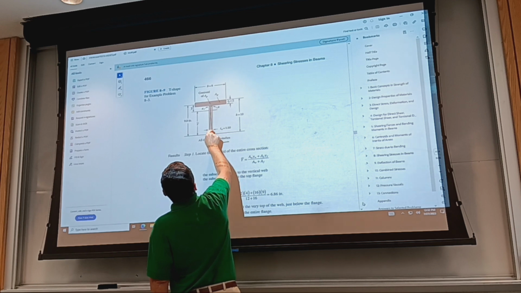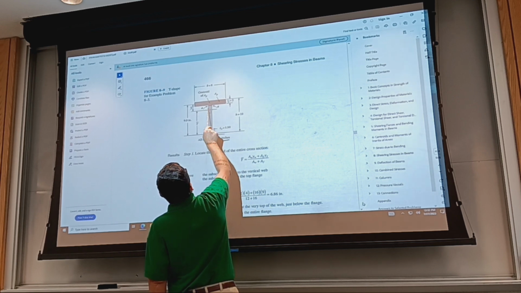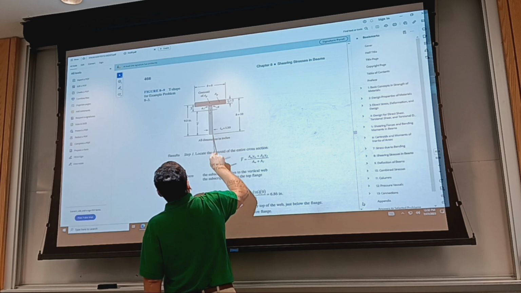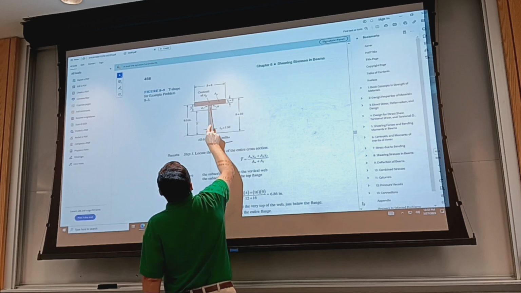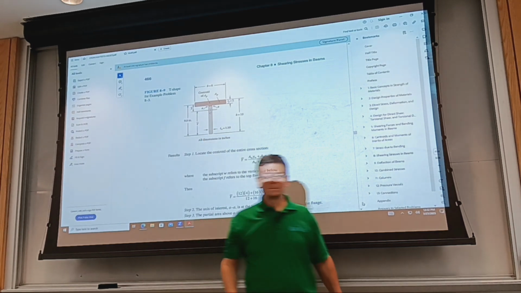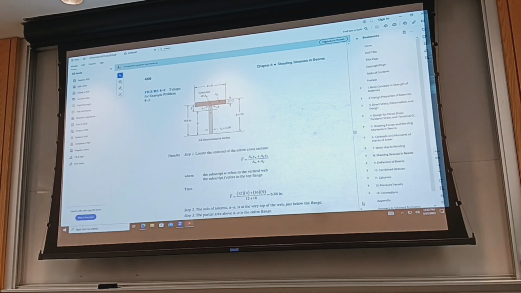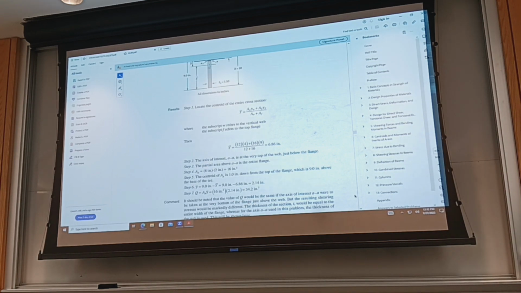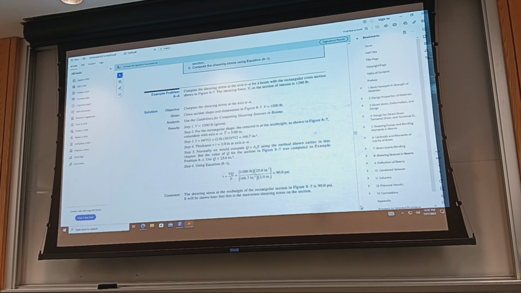So it should be here, although it's the same for this particular figure throughout the flange of the T. Okay? Is it clear? Yeah, thanks for making me explain things a little bit better.